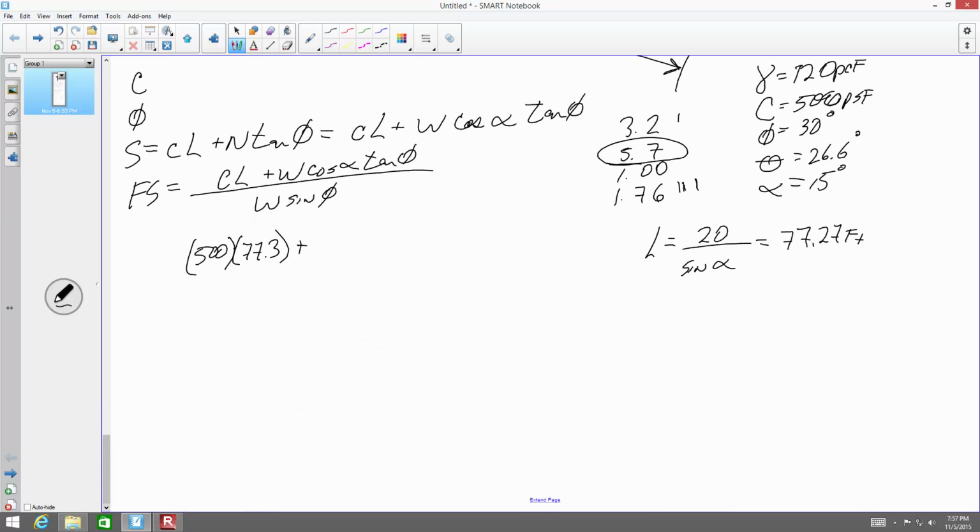What you'll find is your weight ends up being 41580 pounds. So that's the total weight of that whole wedge.